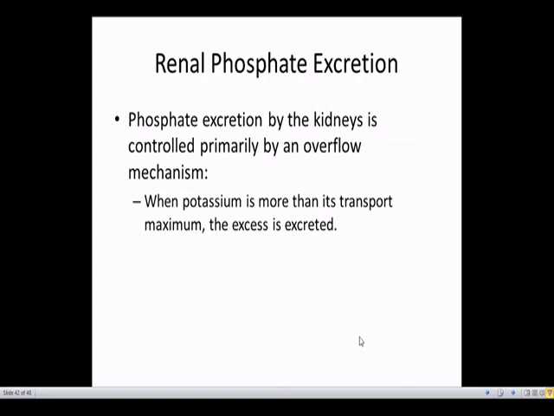Therefore, phosphate normally begins to spill into the urine when its concentration in the extracellular fluid rises above a threshold of about 0.8 millimoles per liter.